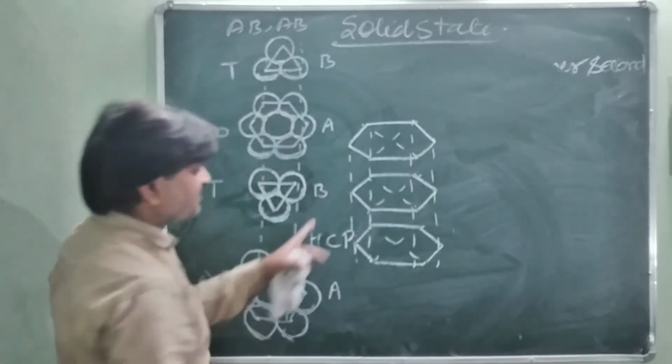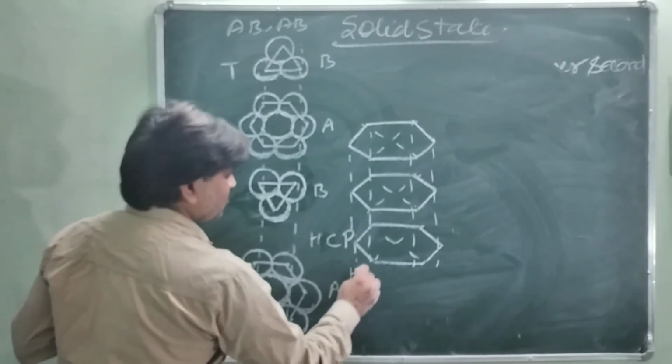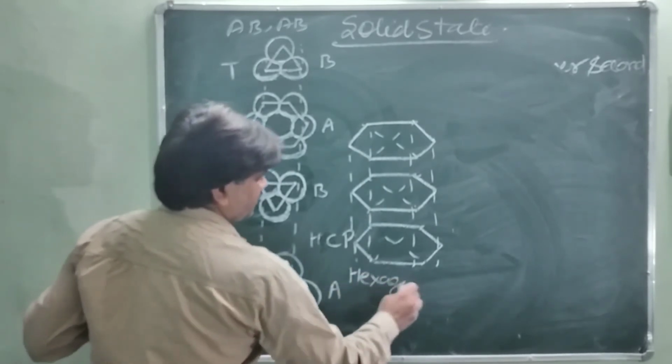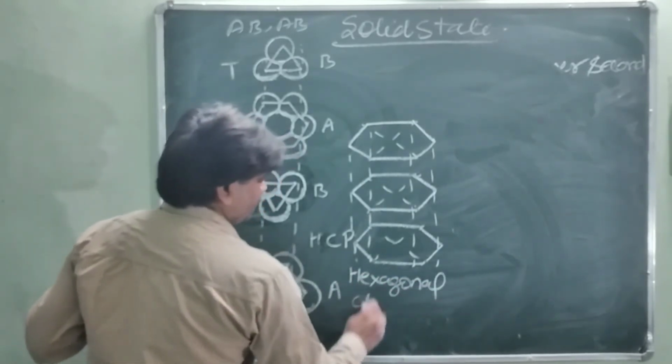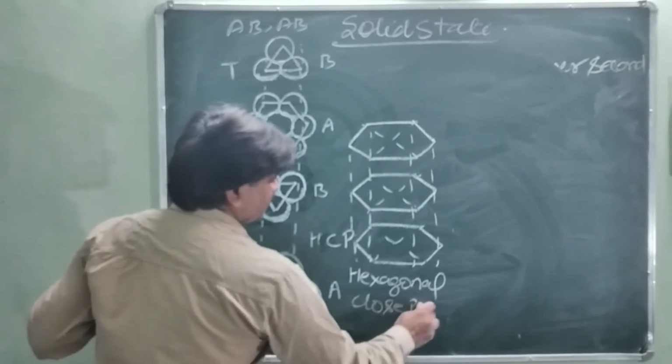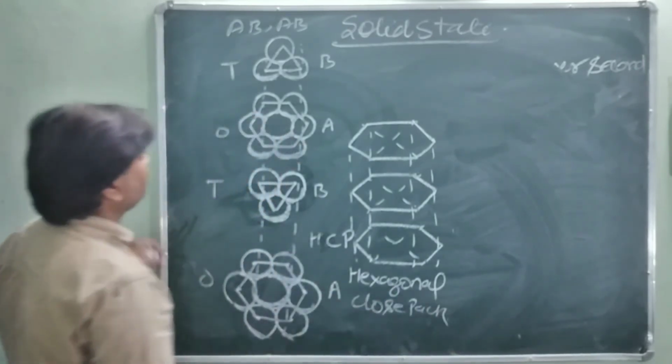So apparently it seems like this, a hexagonal close pack structure, and the structure becomes AB type.